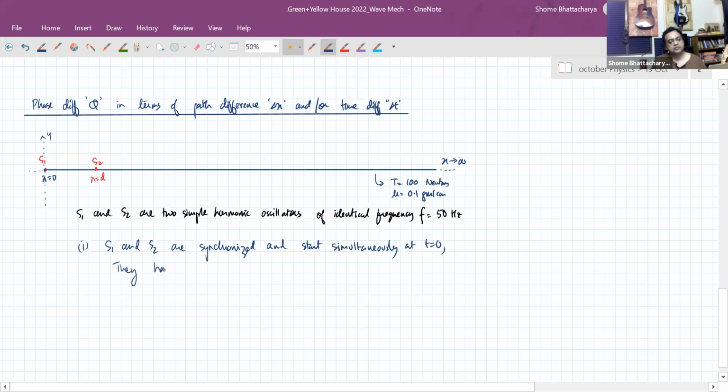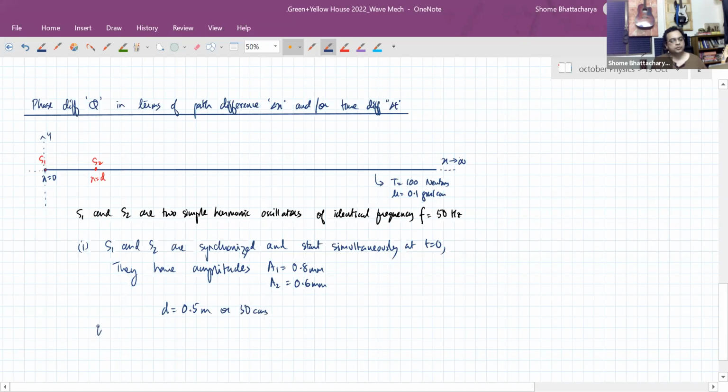They have amplitudes E1 equal to 0.8 meters and E2 equal to 0.6 millimeters. Now D is given to us as half a meter or 50 centimeters.